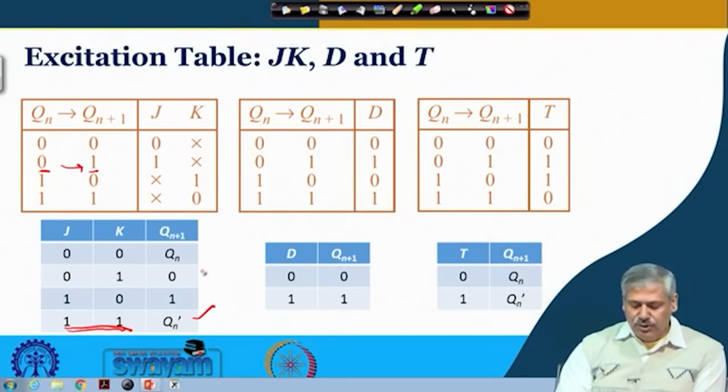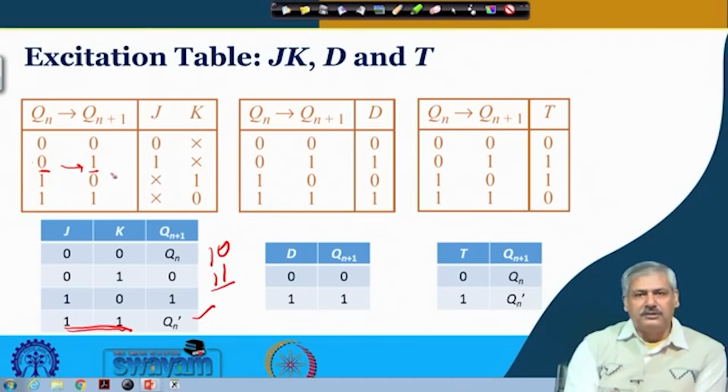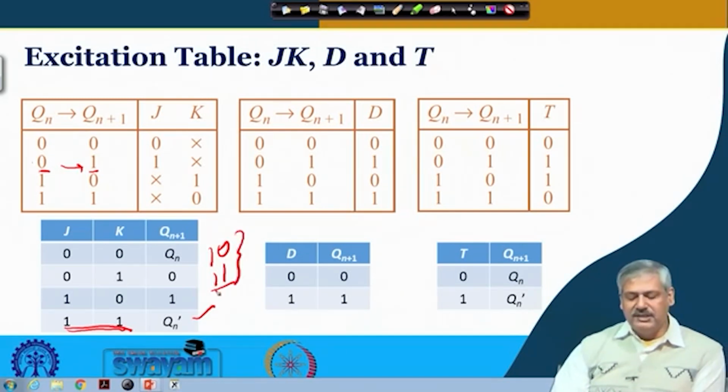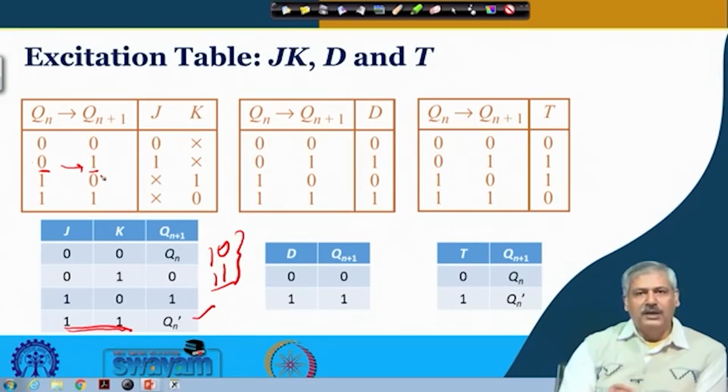So 1, 0 as well as 1, 1. Why 1, 1? Because the state toggles, 0 becomes 1. And why 1, 0? Because that is how things get set, similar to SR flip-flop setting. So these two cases show that a 0 to 1 transition is possible with that excitation at the JK flip-flop input.